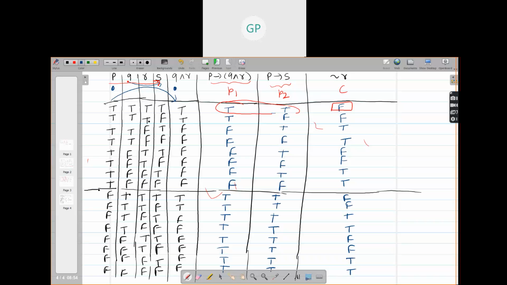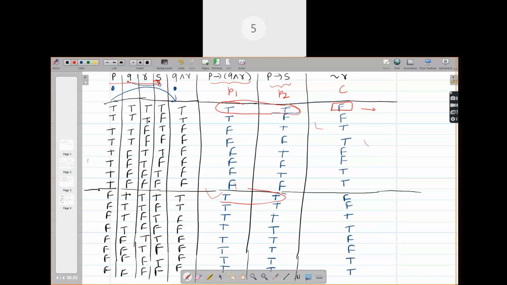Okay. So in the first row, you can see both your premises are true, but your conclusion is false, right? Any other row where you are getting your premises true? Second last.